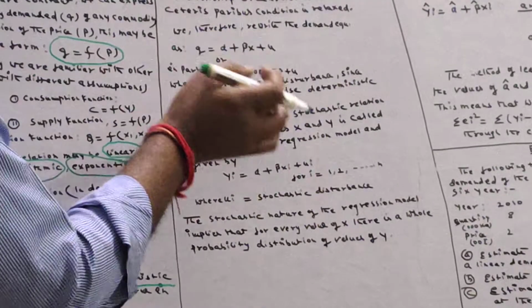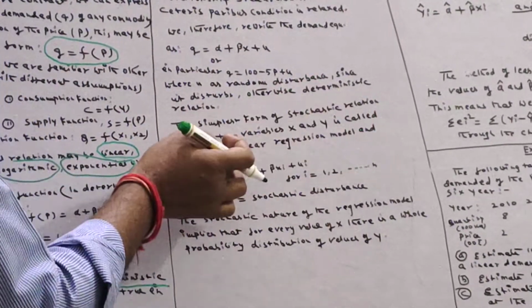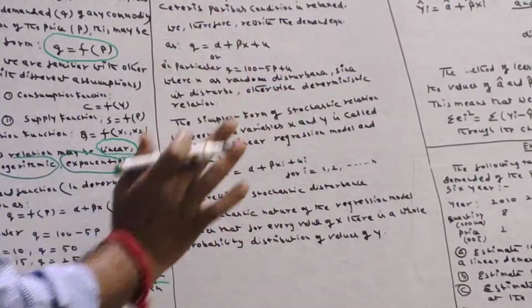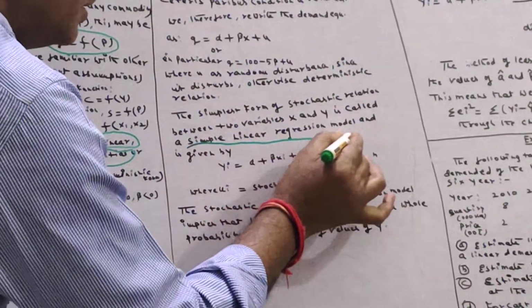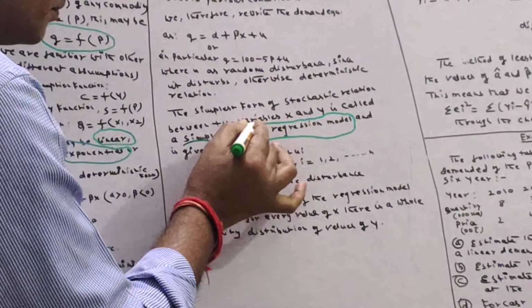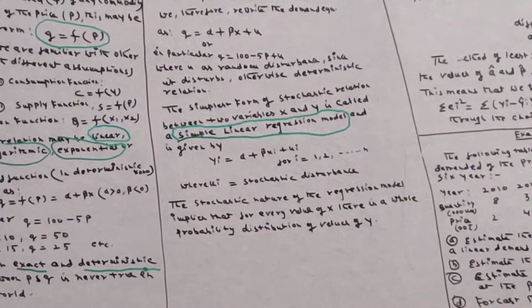Now the simplest form of stochastic relation between two variables X and Y is called the simple linear regression model. This is important.